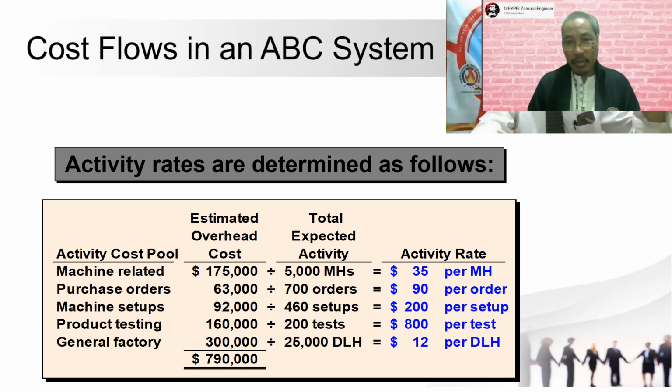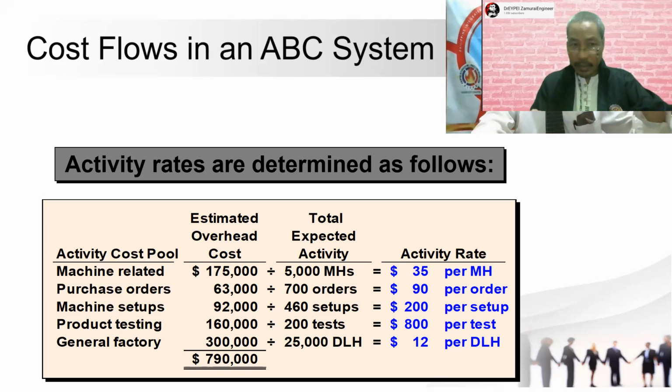So we do not test all of the product. There are companies that test all of the product, and that is very expensive. That is costly because testing have the greatest amount, the highest amount of rate.